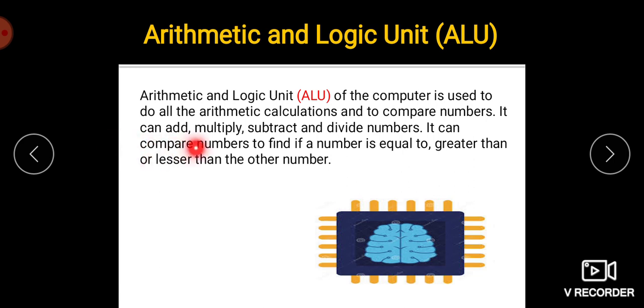It can add, multiply, subtract and divide numbers. It can compare numbers to find if a number is equal to, greater than or lesser than the other number. So ALU is responsible for all the mathematical and logical operations of the computer.